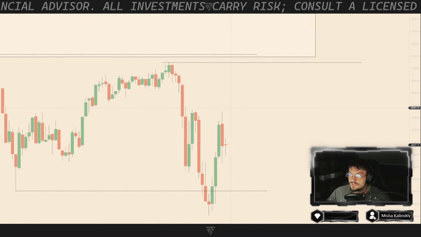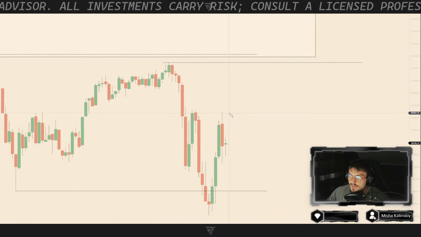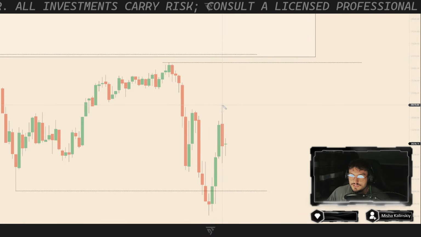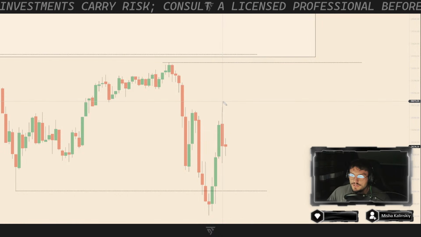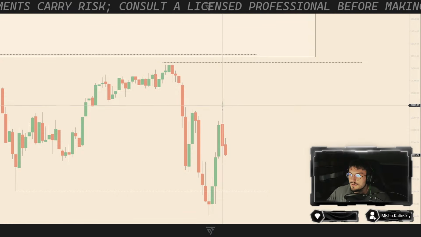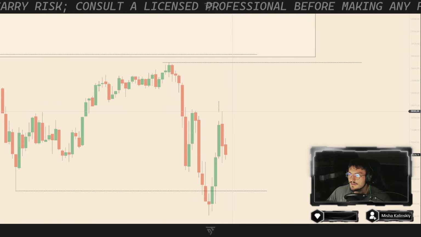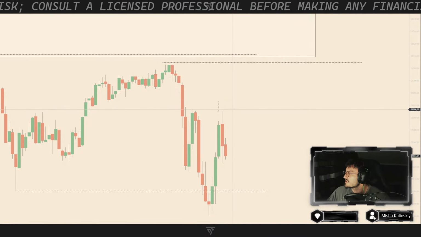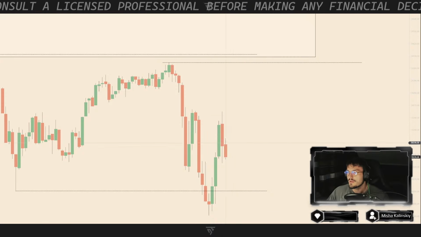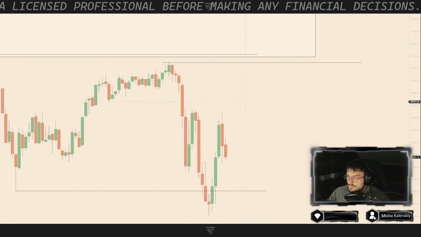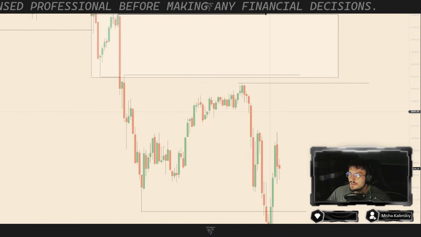Oh, on MNQ this swept like crazy. On MNQ the candle went all the way up to here. Look at this. Swept the zone entirely. Wow. On NQ it didn't. Yeah, interesting.